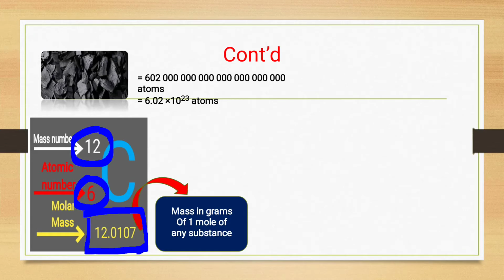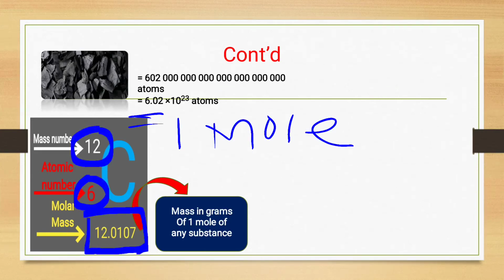The molar mass is the mass in grams of 1 mole of any substance. Remember that this number, 6.02 times 10 to power 23, is what is referred to as 1 mole.